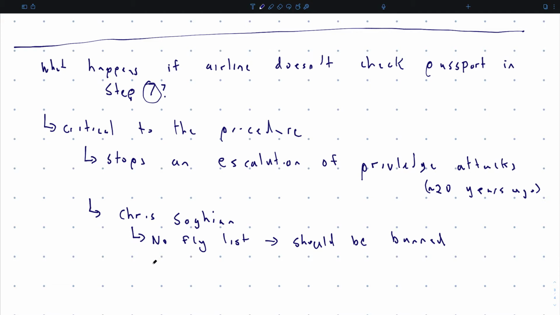But if there's no security around boarding passes, like there was no digital signature or anything like it, he showed that even if you're on the no-fly list, you can fly.